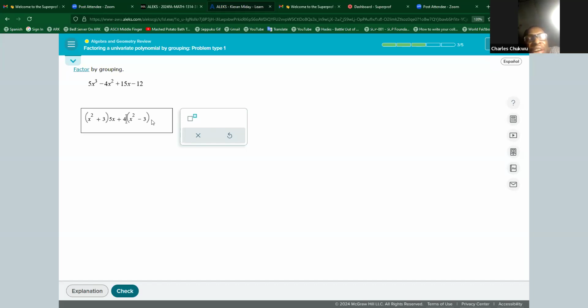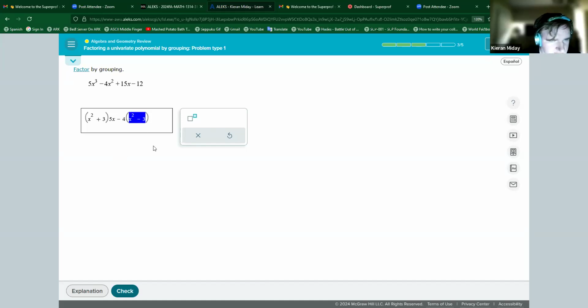You want to put that -4 on the right-hand side so we don't get confused with the signs. Perfect. And now -3 inside the bracket has to be plus. Just take all this out. Okay, that's perfect.